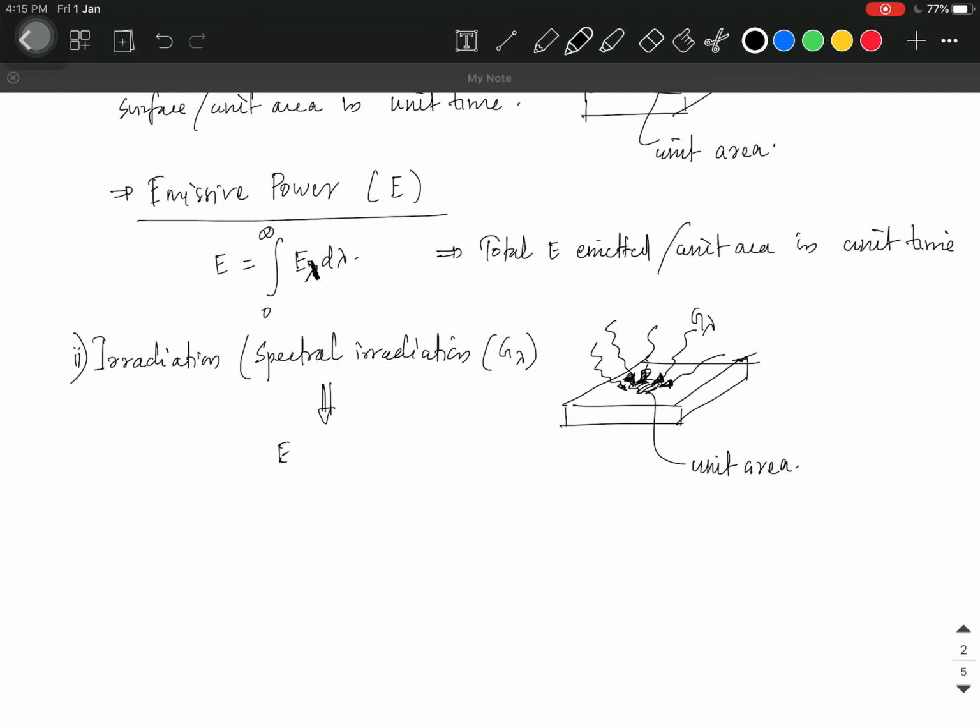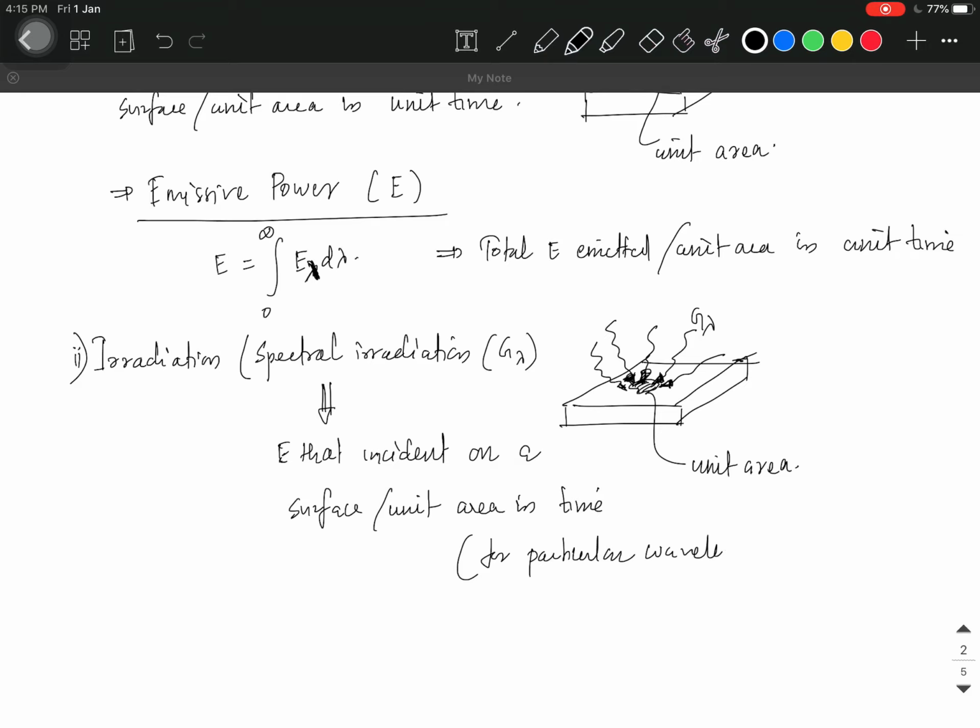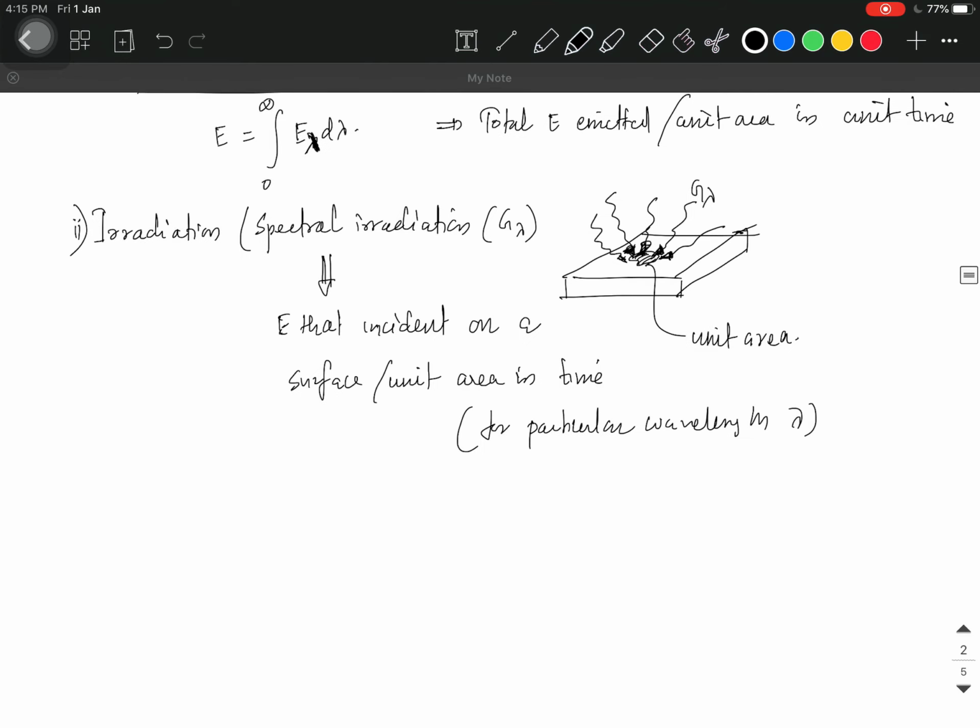And the spectral irradiation is nothing but the energy that is incident on a surface per unit area in unit time. This is for a particular wavelength value lambda of the thermal radiation.